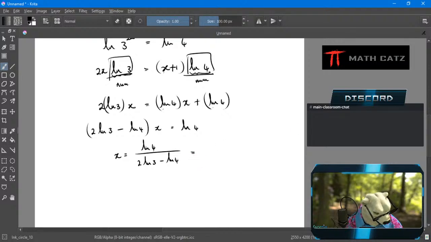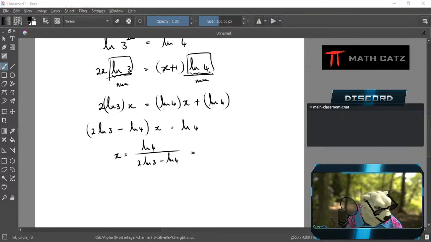So let's calculate that just to show you it's just a number. I just don't want to use a rounded decimal early. I could lose accuracy in my final answer. So let's see. ln 4 divided by, I have some brackets there, of course, 2 times ln of 3 minus ln of 4.